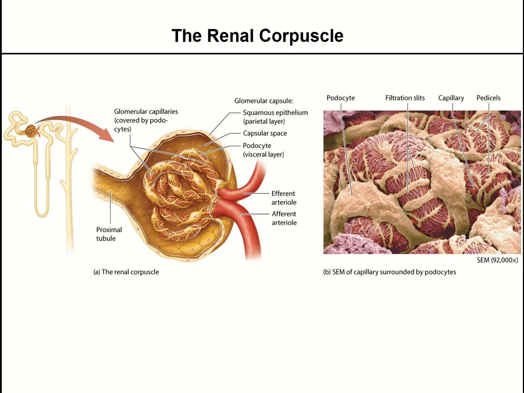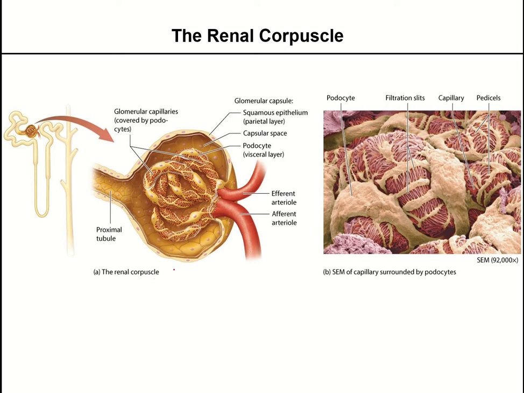So now let's get into some of the microanatomy of the kidney. And I want to start with taking a look at the structural and functional unit of the kidney. The first part of our nephron is going to be our renal corpuscle.